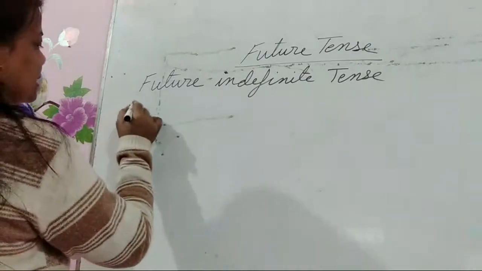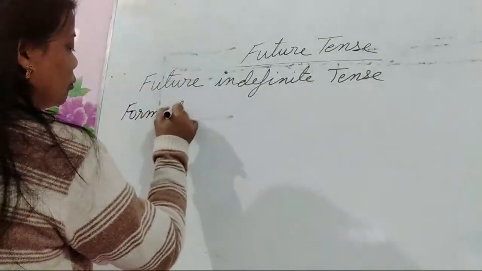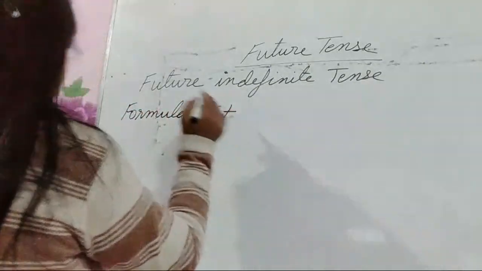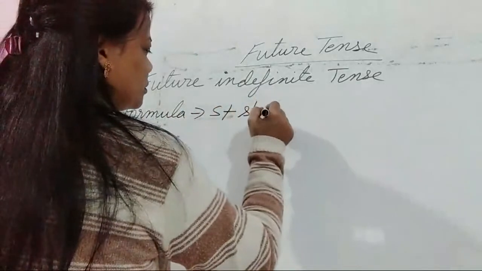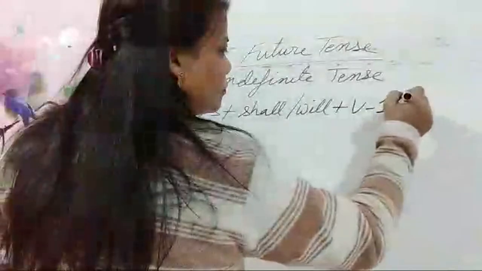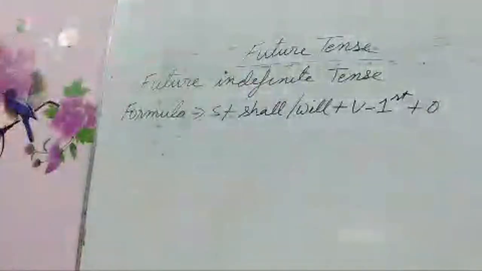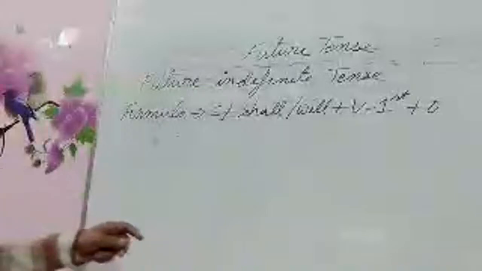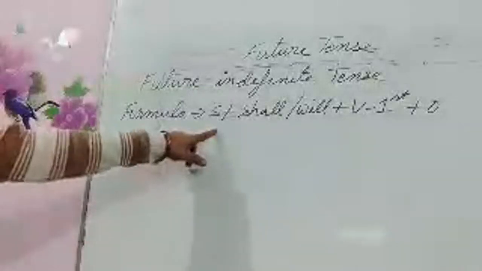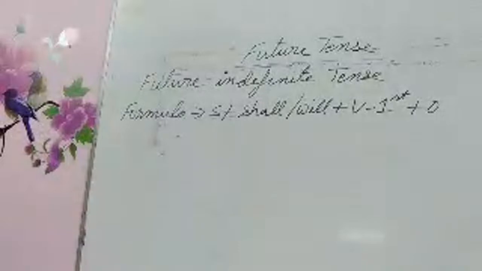The formula is subject plus shall or will plus verb of first form plus object. As you can see on the board, the formula is written.